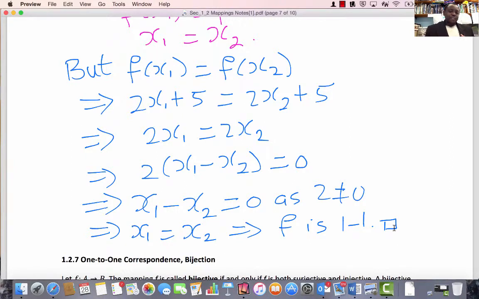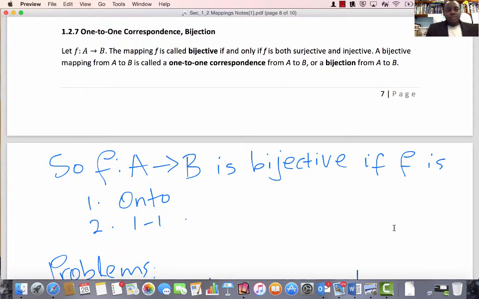That is how we prove that f is one-to-one. And before now, we saw how to prove that f is onto. Now, if f is both one-to-one and onto, those kinds of functions have a special name. Subsection 1.2.7, one-to-one correspondence, bijection.